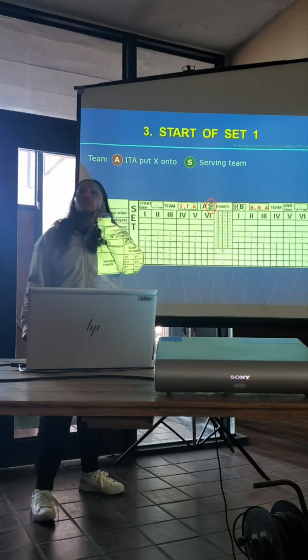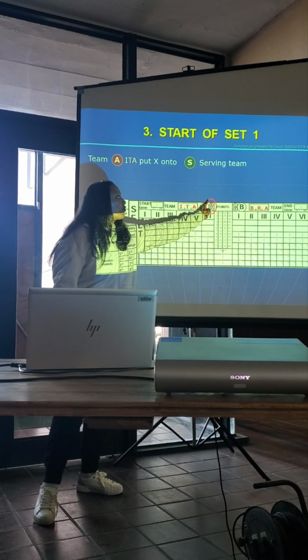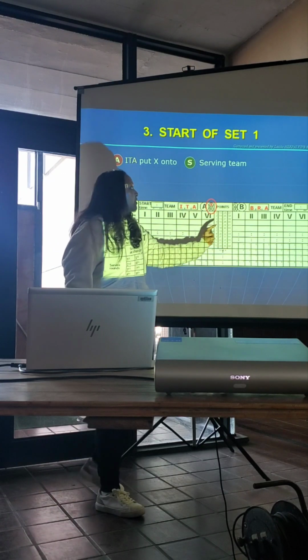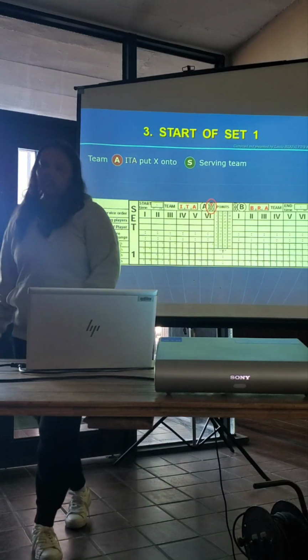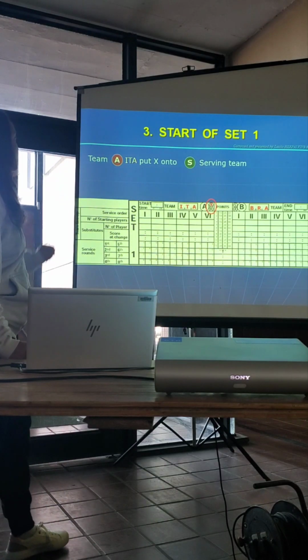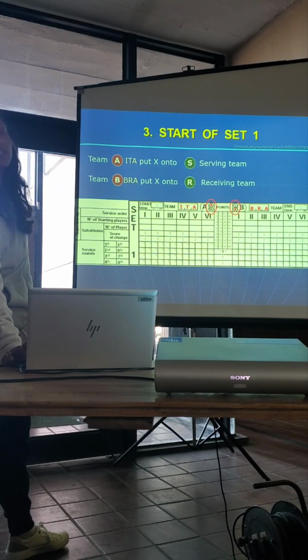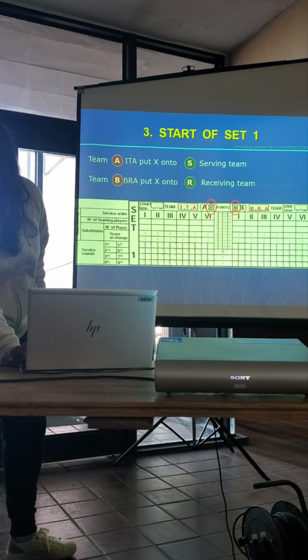No. So be careful about that. Team serves, you cross out the S. Team receiving, you cross out the R in receiving. So that will give you an indication who will serve and who will receive. Everybody okay with that? Okay.